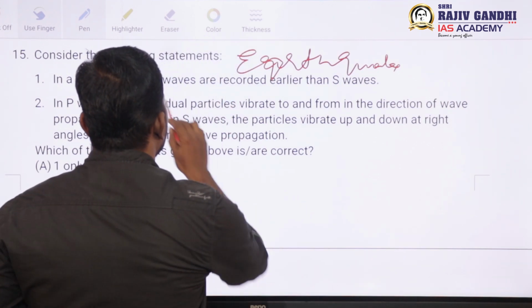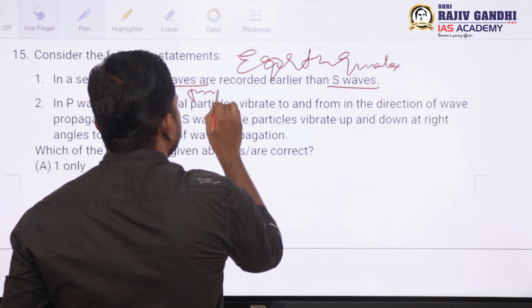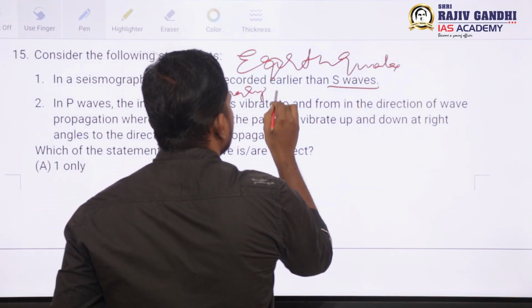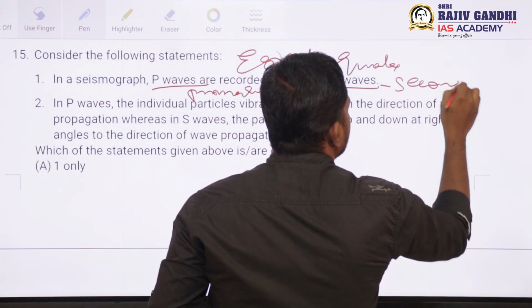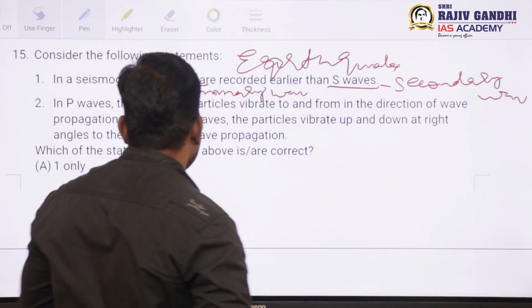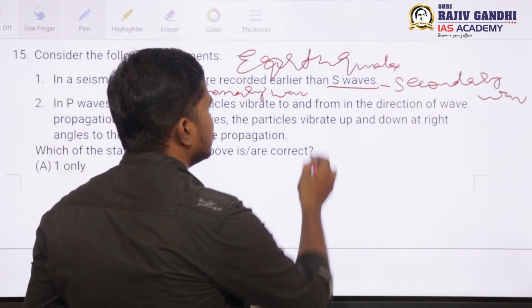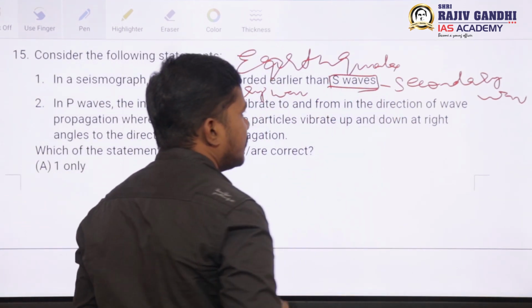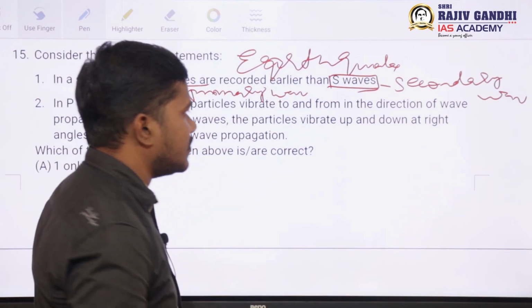The body waves comprise P waves and S waves, which are primary waves and secondary waves. Here, the primary waves reach the surface first, while the S waves or secondary waves reach the surface some time later, which produces another set of waves called surface waves.